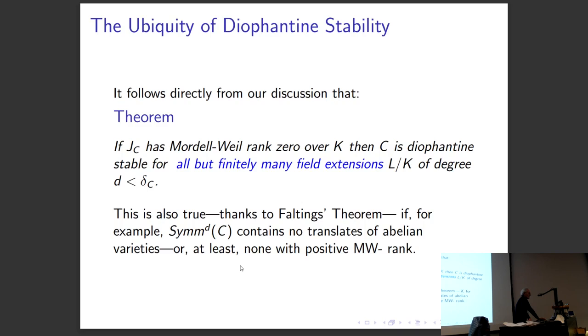Well, it follows directly from our discussion that if the Jacobian has Mordell-Weil rank 0 over K, then C is Diophantine stable for all but finitely many field extensions of degree less than the gonality. And this is also true if S_IMD contains no translates of abelian varieties, or at least none with positive Mordell-Weil rank.